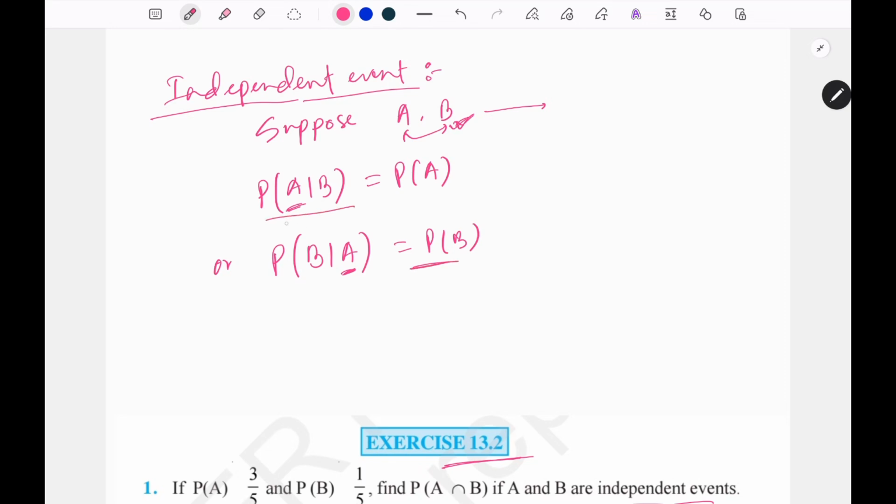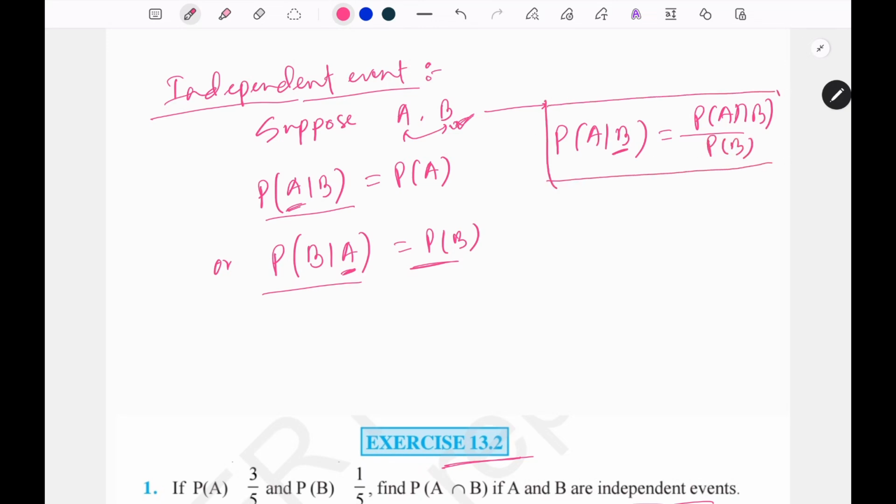So from these two definitions we can write this. We know the probability of A given B equals the probability of A intersection B divided by the probability of B. We know this definition from conditional probability. Now we will apply this here.